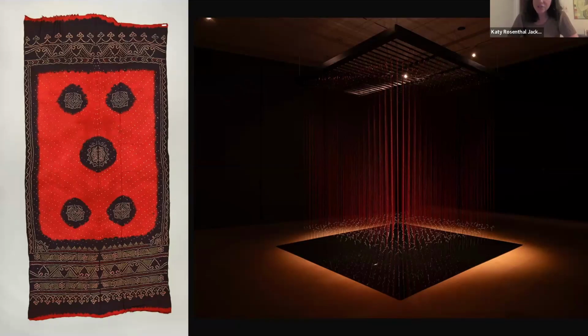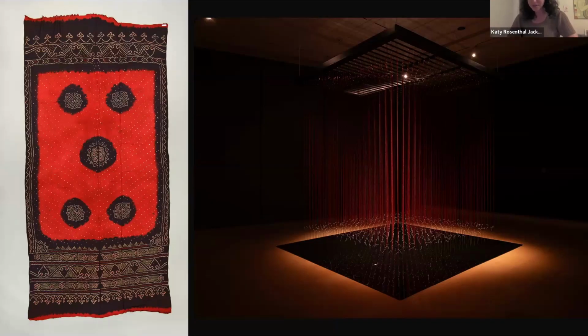And the relationship to that does continue, but it has certainly been altered and jeopardized. And today, nearly all bandhani are dyed with synthetic dyes. So quite a different relationship to those natural processes.